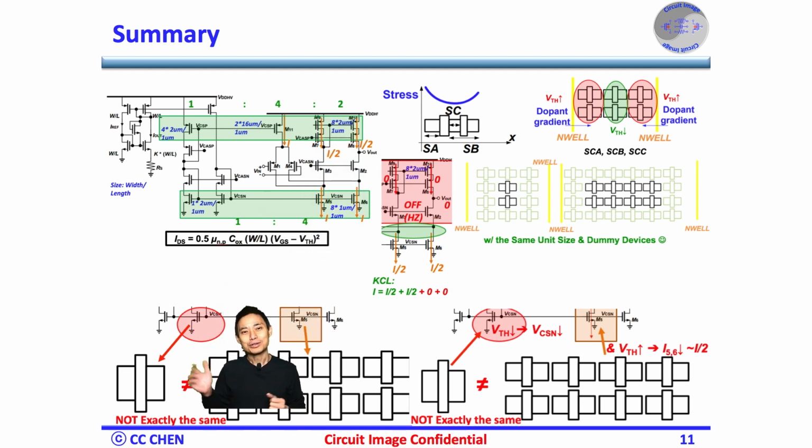But we saw the layouts of the OTA and its bias were not exactly the same in the mirroring. Those layout mismatches will cause lots of mismatch in the device mobility, transconductance GM, threshold voltage VTH, and current due to the stress effect, SA, SB, SC, and WPE, SCA, SCB, and SCC.